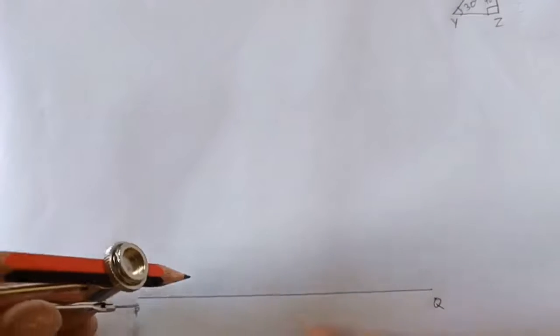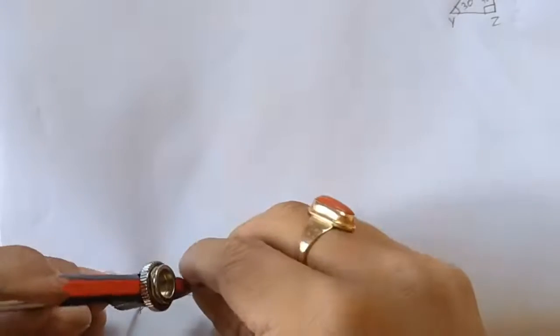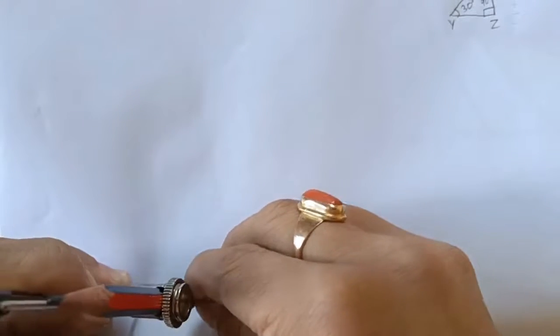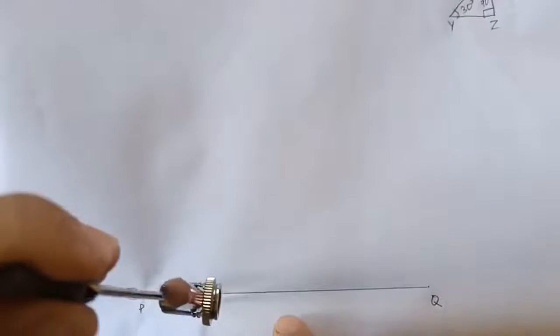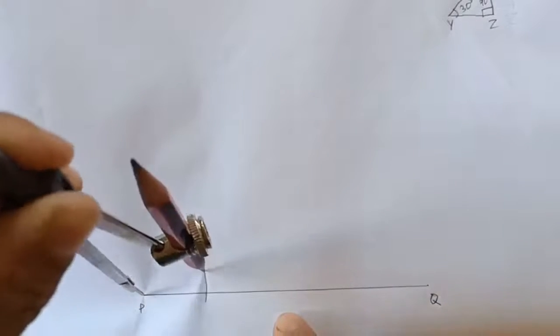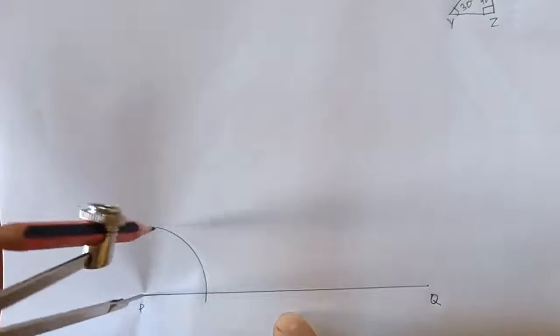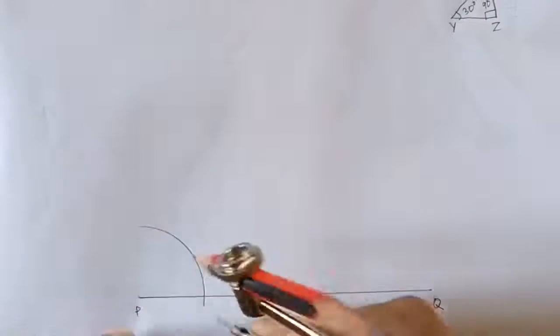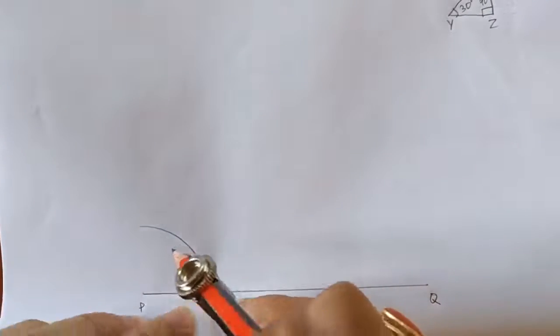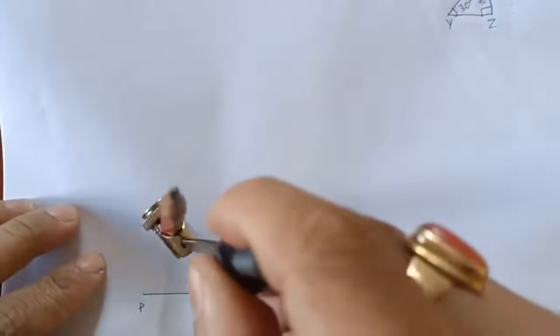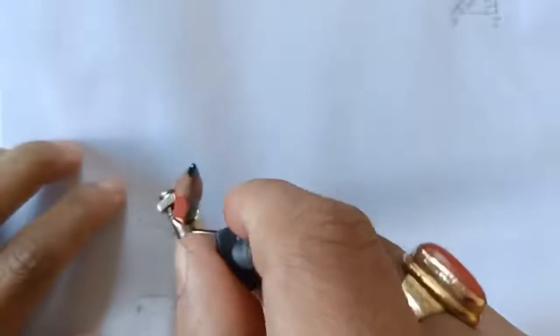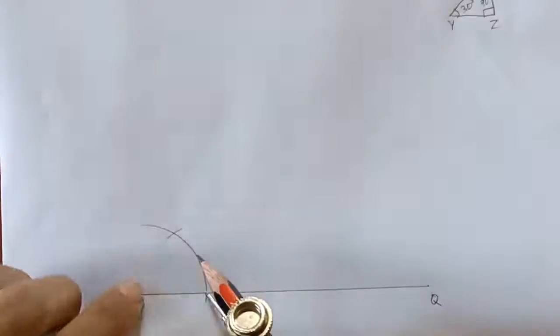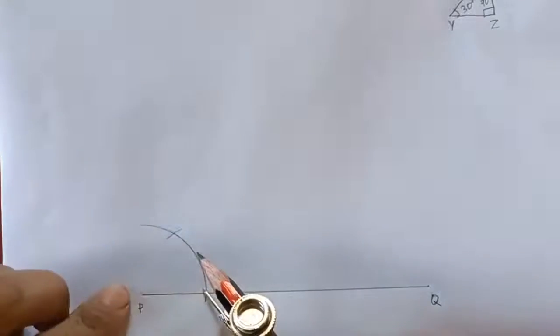To draw the angle of measure 30 degree, let us first draw an angle of 60 degree at the point P. So to draw the angle of 60 degree, let me draw an arc like this, and with center at this point, let me draw an arc intersecting at this point. So the measure of this angle will be 60 degree.